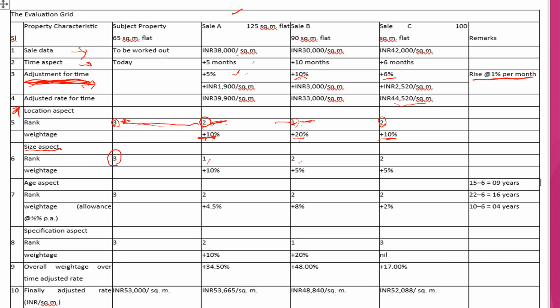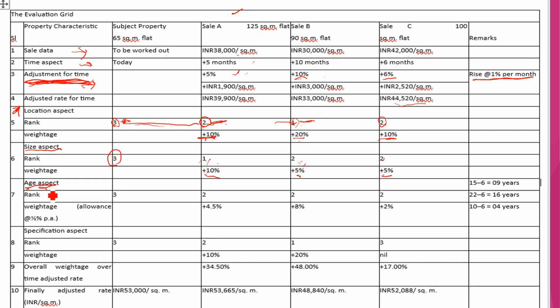So for one rank difference, see there, these three are inferior as compared to our subject property, so we will be giving positive weightage. For one rank difference, we give plus 5% weightage. For a difference of two ranks, we give plus 10%. For a difference of 3 and 2, one rank difference, plus 5%. Then the weightage allowance for the age aspect.